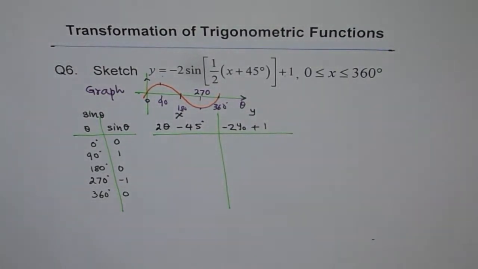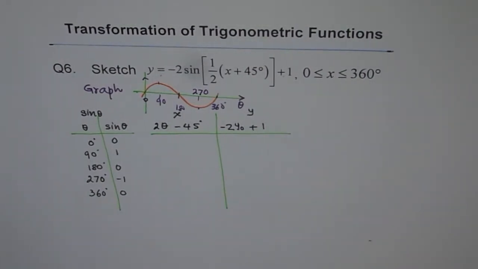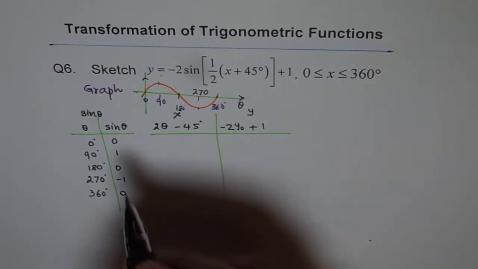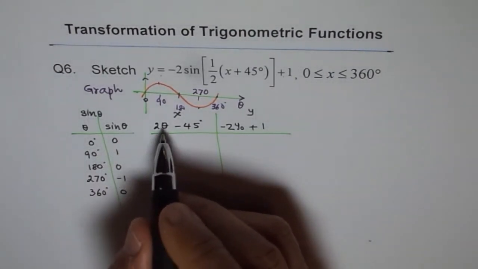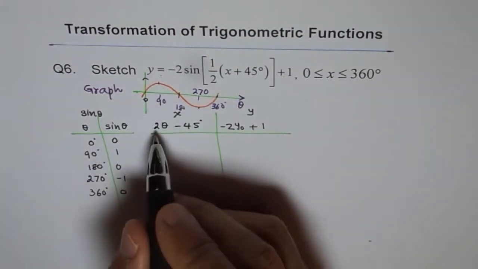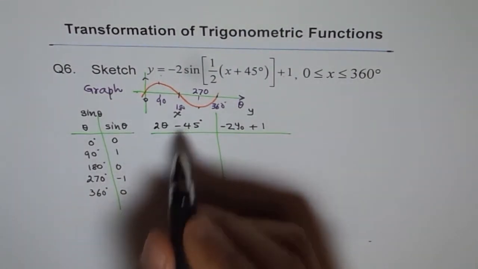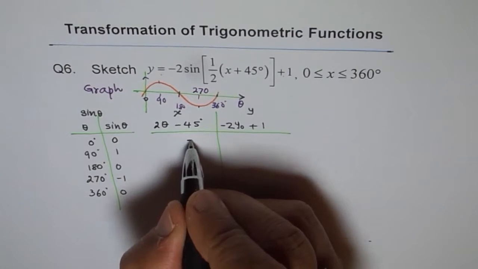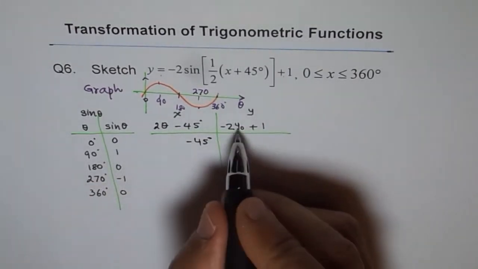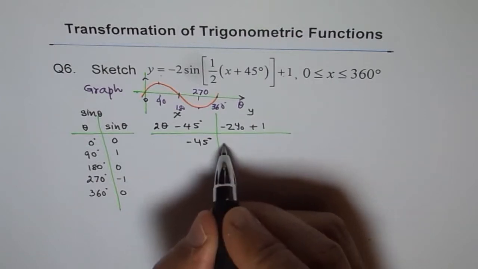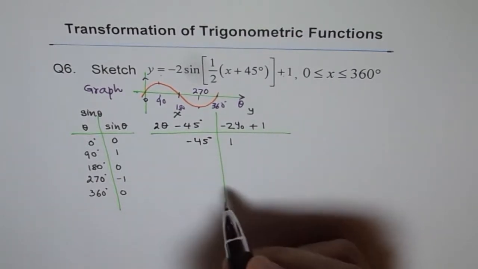We can use a calculator for quick calculations if required. The first value is 0, so not much requirement of a calculator. So the first point will be at minus 45 degrees and the y value will be minus 2 times 0 plus 1, so we get plus 1 here.